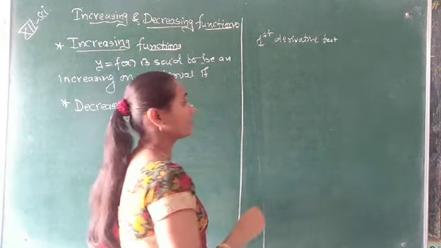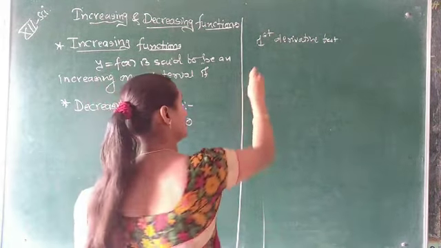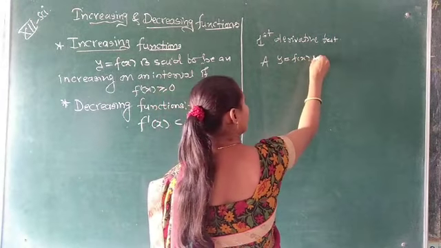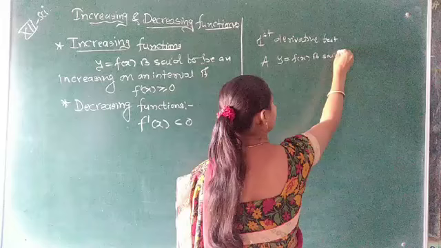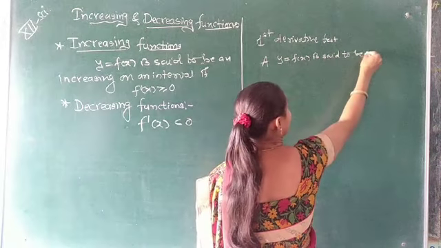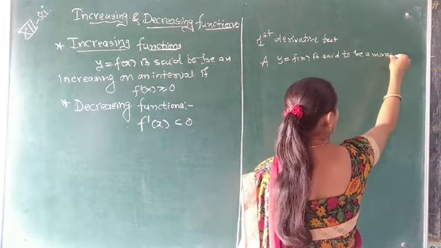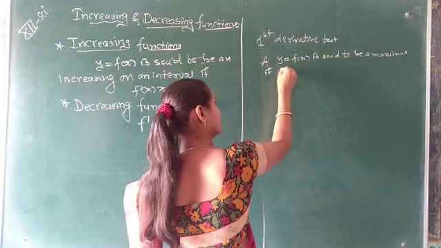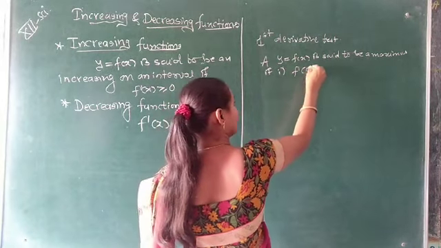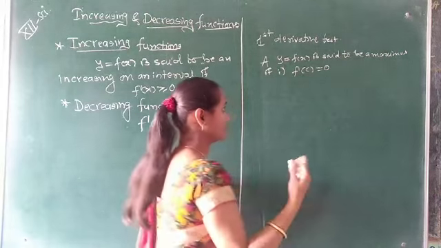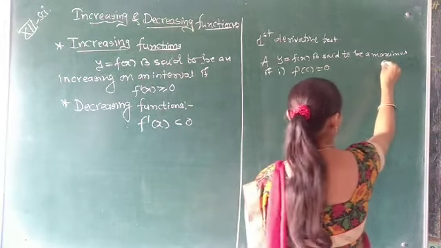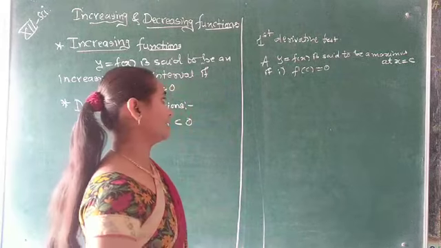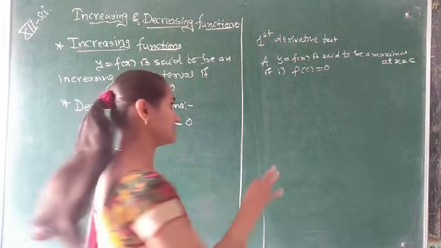A function y is equal to f of x is said to be a maximum at x is equal to c if the first condition, f dash of c is equal to 0, where c is any point at which the derivative is 0.